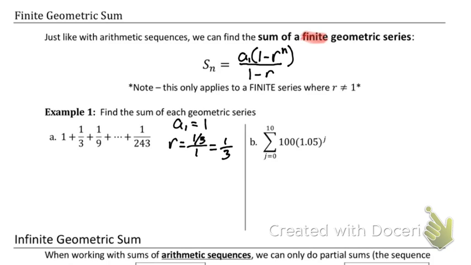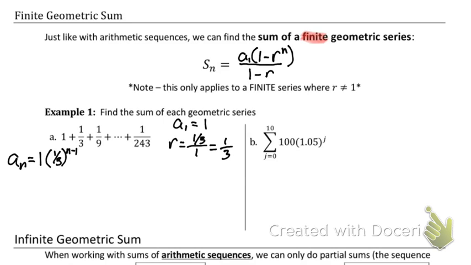So in order to find n, I can go ahead and write my explicit formula. My explicit formula for a geometric sequence is going to be a sub n equals my first term times my common ratio to the n minus 1. This 1 over 243 is my last term. I just don't know what n value gets me this term.